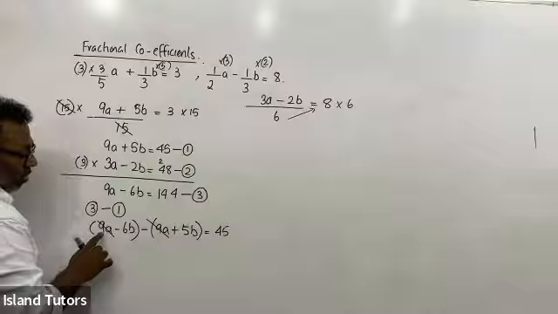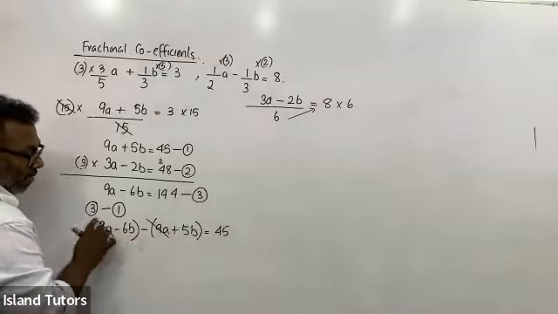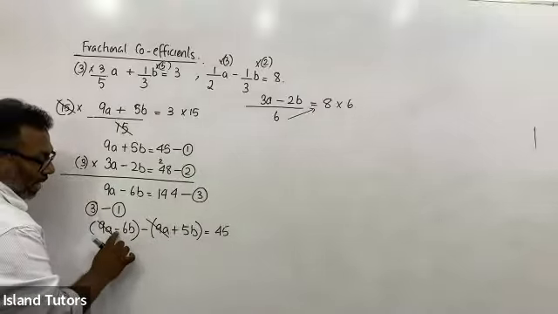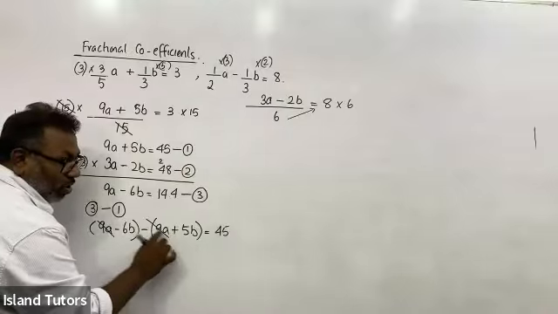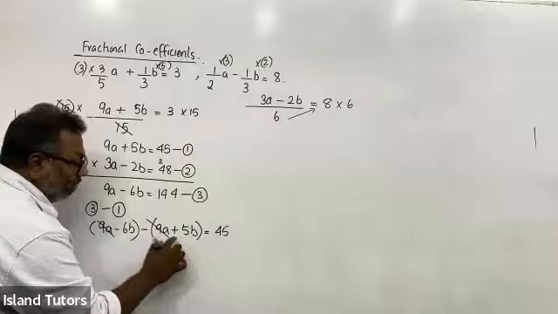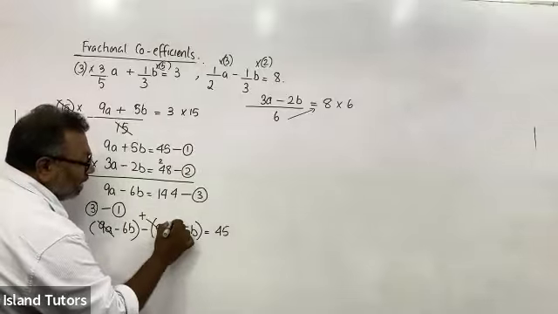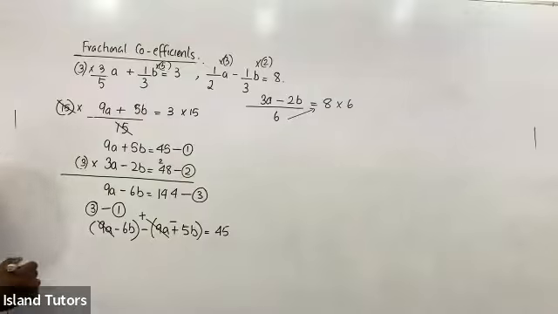Right. Now, 9a minus 9a will cancel out. Minus 6b, subtract. So, add the additive inverse. This becomes plus, this becomes minus.